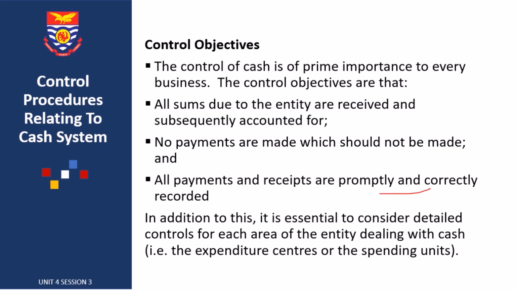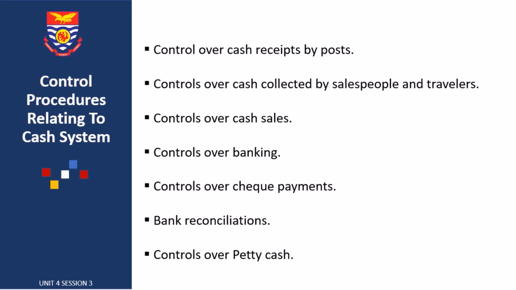In addition to this, it's essential to consider detailed controls for each area of the entity dealing with cash, that is the expenditure centers or the spending unit. All this must be considered as the control objective.